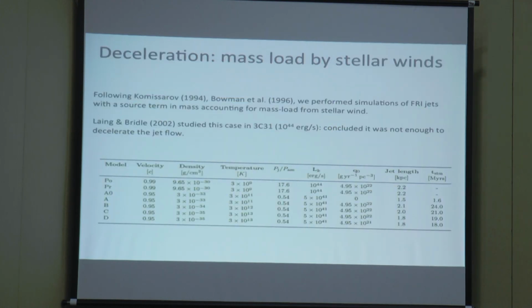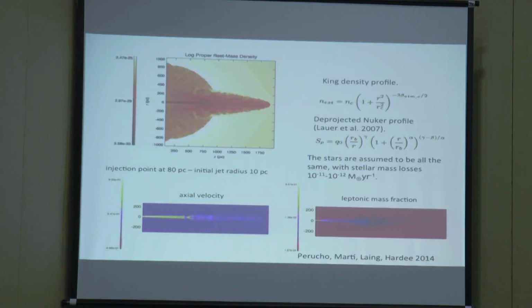The first simulations we did in this respect were the 2D dynamical simulations, coming back to Bowman et al. steady state solutions. We produced simulations with the same parameters, but injecting a jet into a decreasing density ambient medium, from a dynamical point of view.